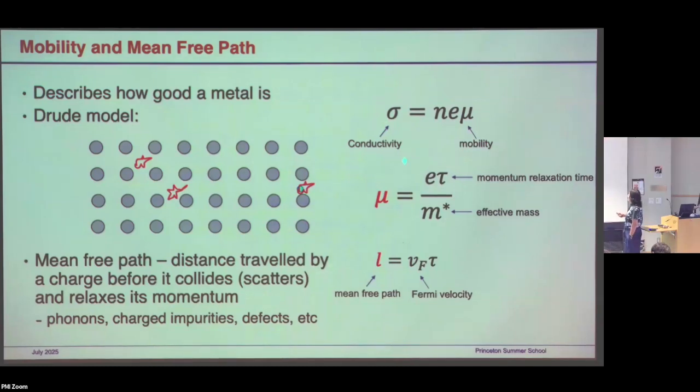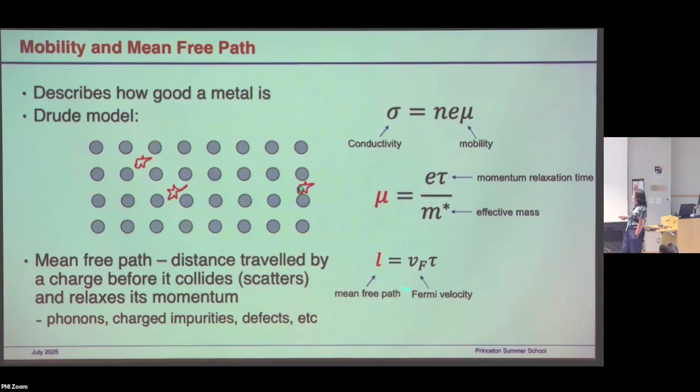In the Drude model, it is given by the conductivity. The conductivity is the product of the charge density times the electron charge times the mobility. Again, this is super simple, undergraduate level. Mobility is the momentum relaxation time, the average time taken by the electrons between all the scatterers, divided by the effective mass of the electrons.